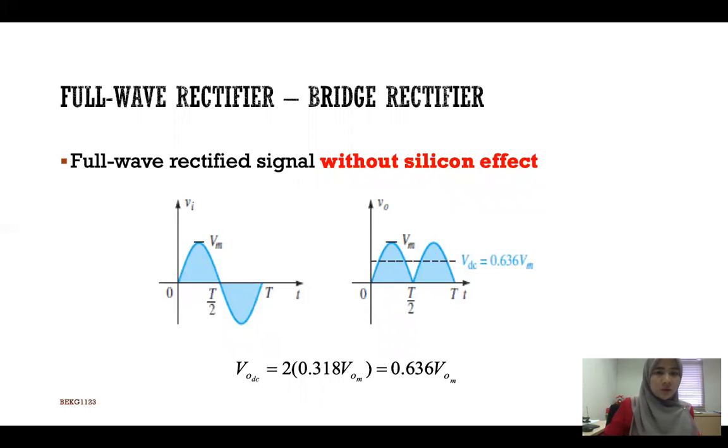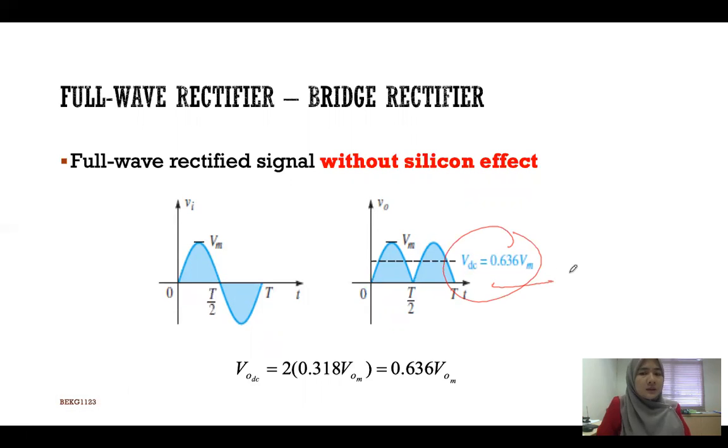So when you have a full wave rectifier without a silicon effect, you can calculate for the DC level, VDC. This is fixed. Remember, VDC is equals to 0.636 Vm.